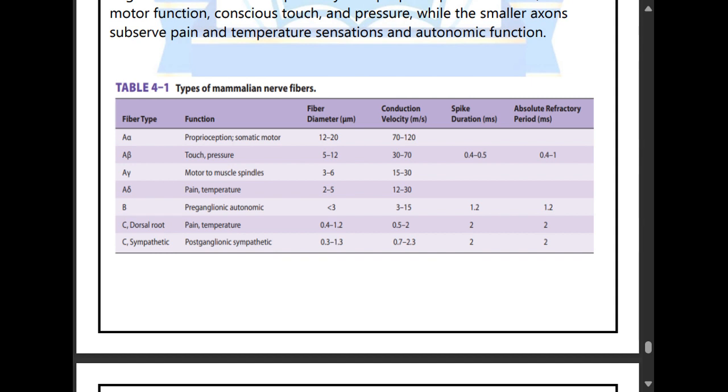Hopefully, we know what that means. When you're talking about the preganglionic neurons, these are the first of two neurons in the autonomic nervous system, and they come from the spinal cord and the brainstem.